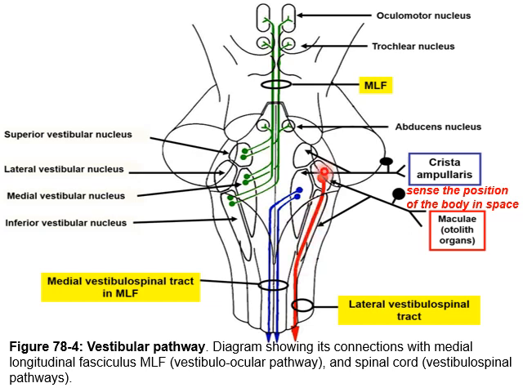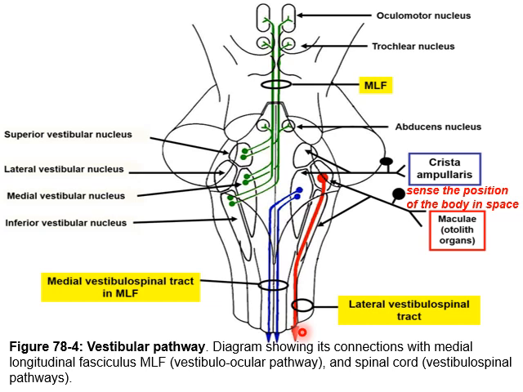And we have two types of the vestibulospinal tract: the medial vestibulospinal tract and the lateral vestibulospinal tract. The medial vestibulospinal tract is responsible for supplying the muscles of the head and neck, and the lateral vestibulospinal tract is responsible for supplying the muscles of the trunk and the limbs.